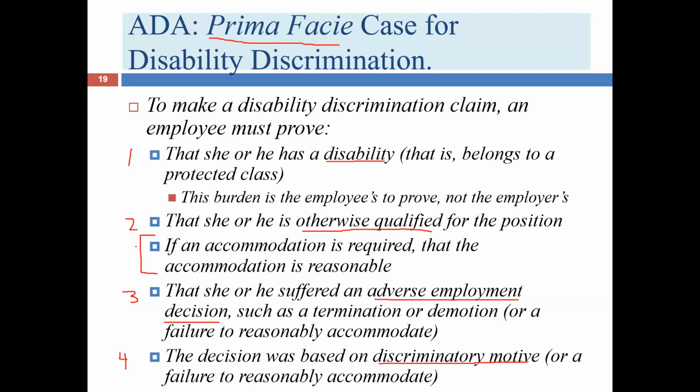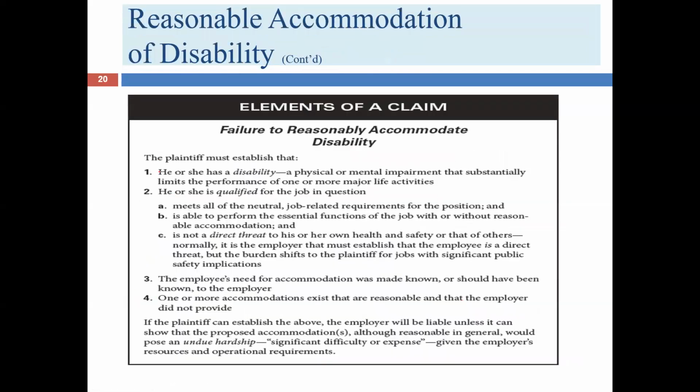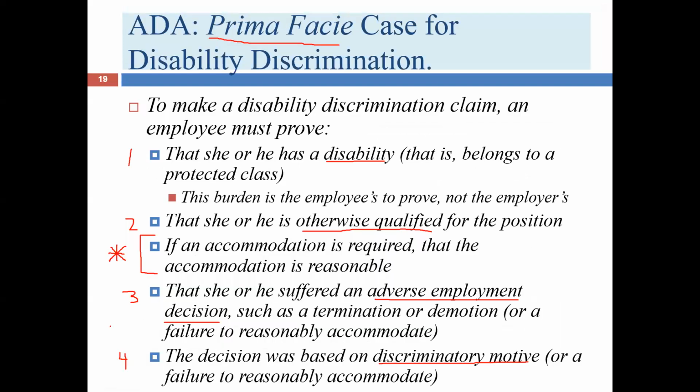So this is the extra element that we have under the ADA. It's not new to us because we had it in religious discrimination, but we'll see that this burden here is significantly more demanding. And here we see the same analysis that we had. This is just a different way of looking at that analysis. So this is basically the same thing that we have here.